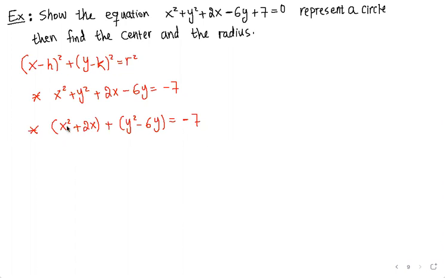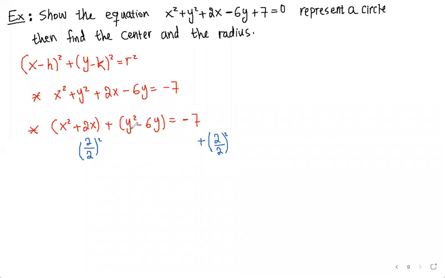So what is the b here? 2. So 2 over 2 squared. Like we add on this side of the equation, we have to add on the other side of the equation.